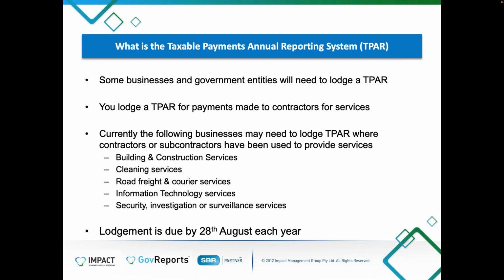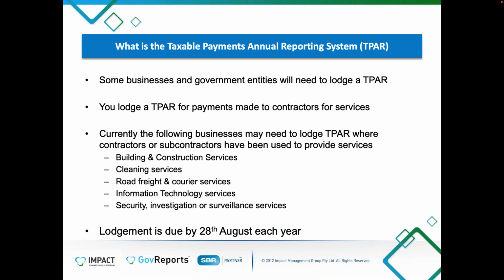The industries most commonly using are building and construction, cleaning, road freight and courier, information technology, security, investigation or surveillance services. There are also some government agencies that need to report now about government grants and things like that. And the lodgement is usually due by the 28th of August each year.